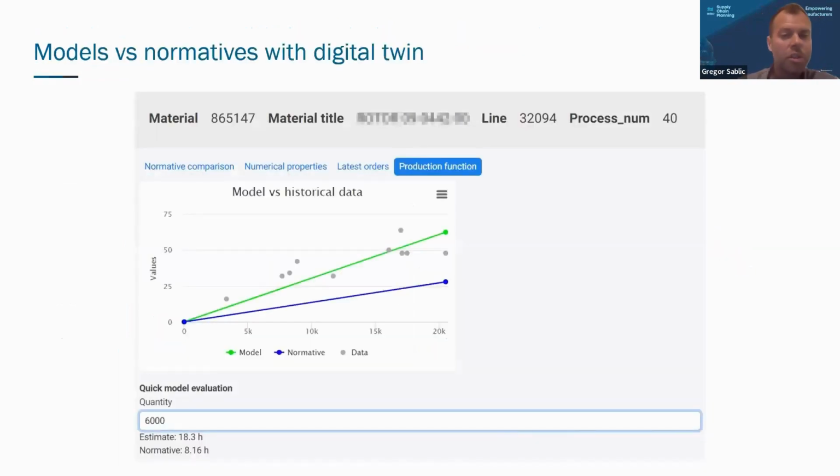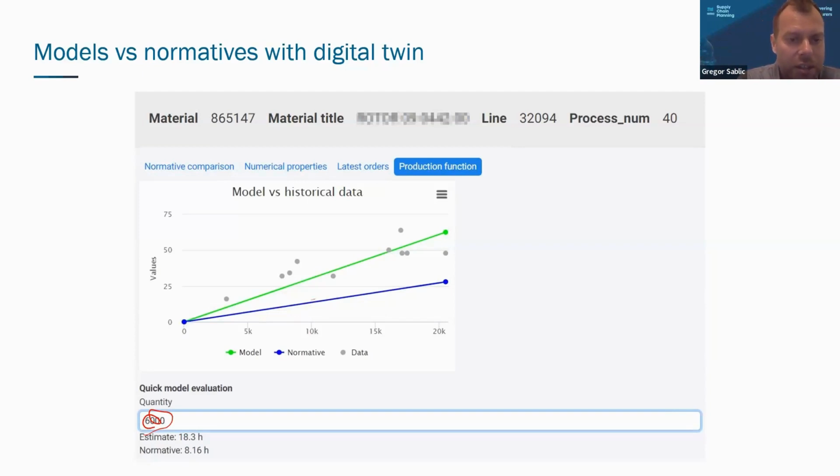Yeah, here we also see one very interesting case. Comparing models versus normatives with the help of, again, the digital twin. We can input a quantity, and based on that quantity the system gives us this comparison between the model, actually historical data, and the normative.